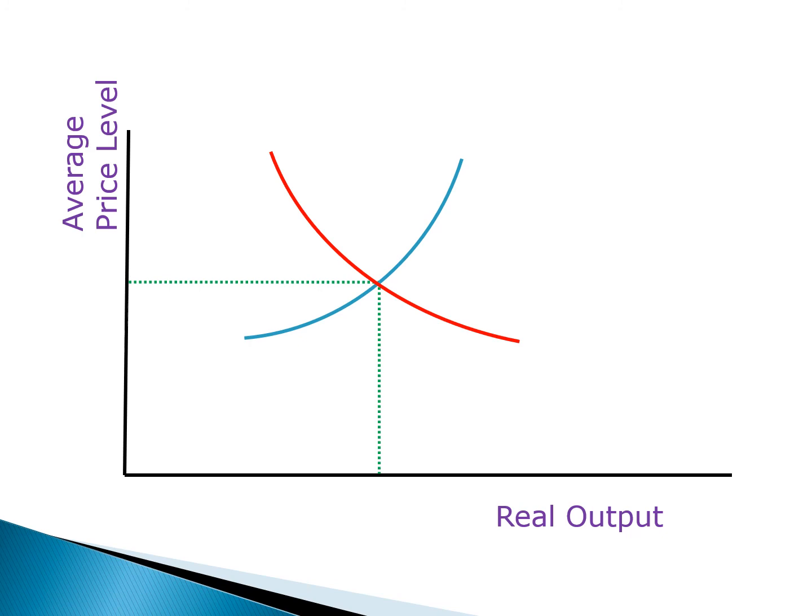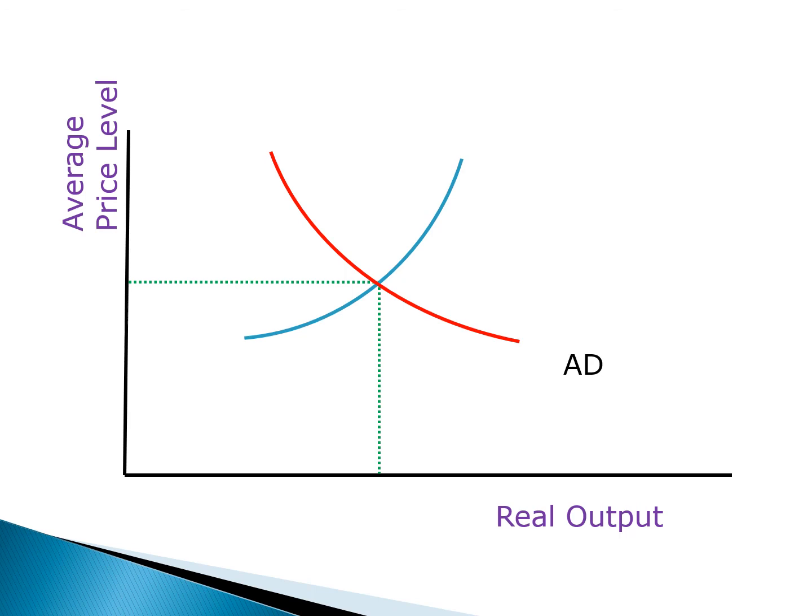The y-axis, because the price of diamonds is different to the price of soap, a car, shoes, or milk, we will have what is called an average price level. Some people may call it price level if you look on the internet, but I am happy with average price level.